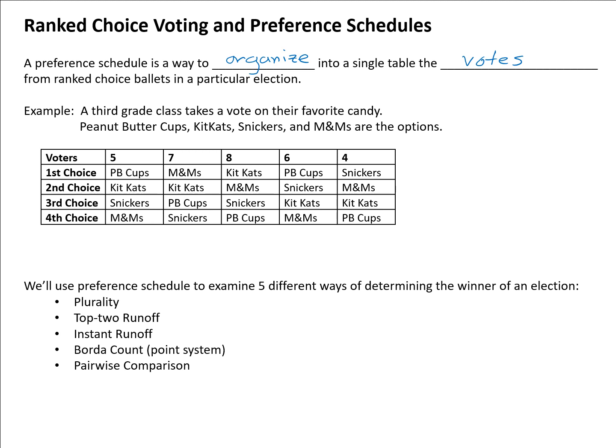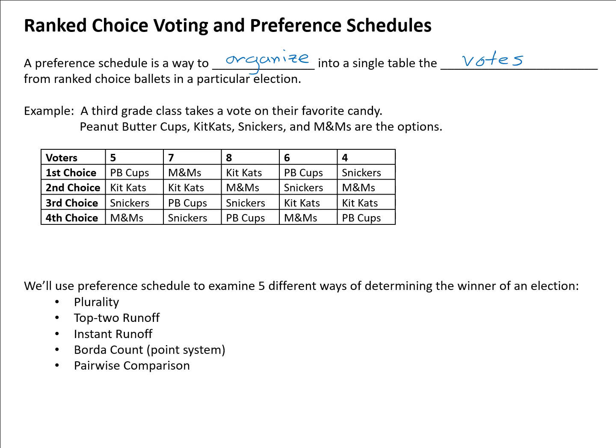Let's say we have a 3rd grade class that takes a vote as to their favorite candy. Maybe it's close to Halloween and they're thinking about candy. So let's say we have peanut butter cups, Kit Kats, Snickers, and M&Ms as 4 options. So below here in this table, we have what would be a preference schedule for that vote.